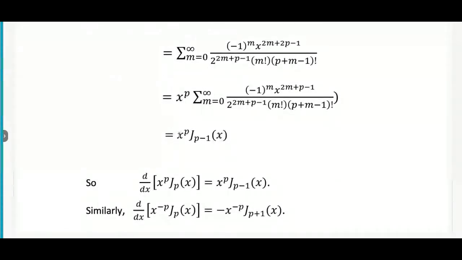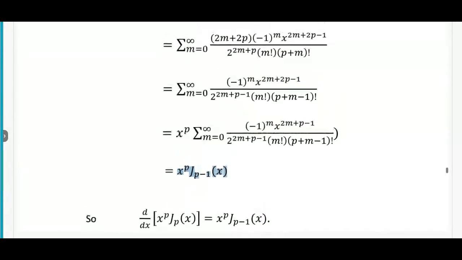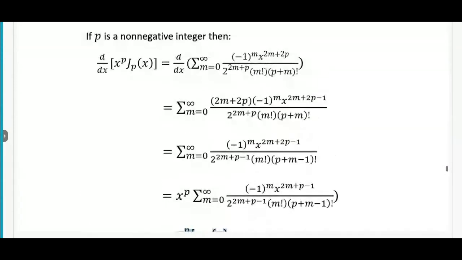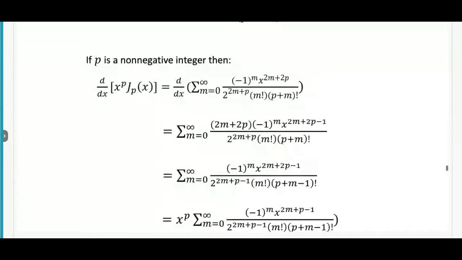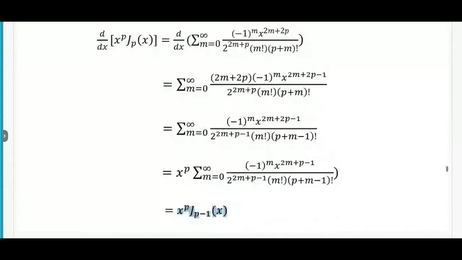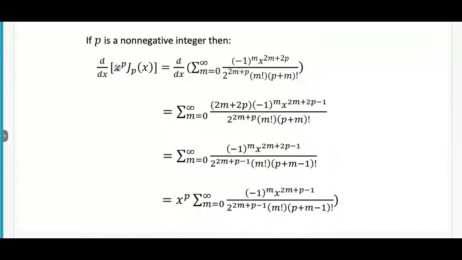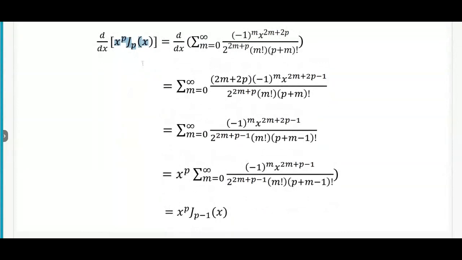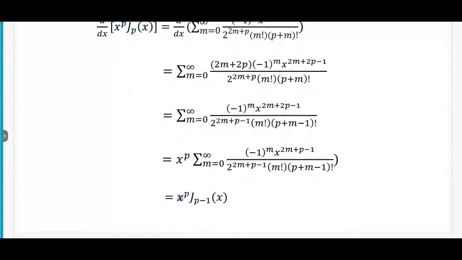So we show that's x raised to p, of order p minus 1. Right? So differentiate this to get this.